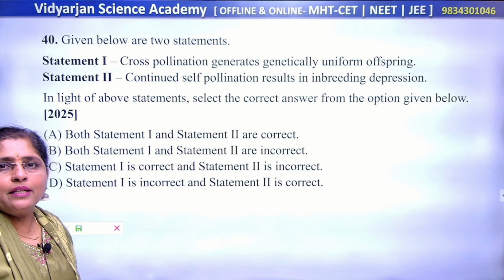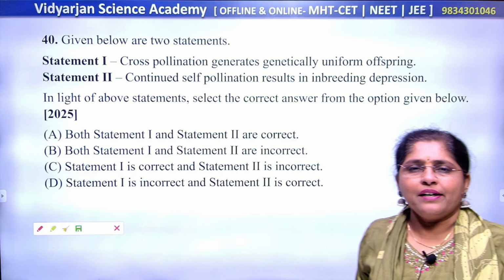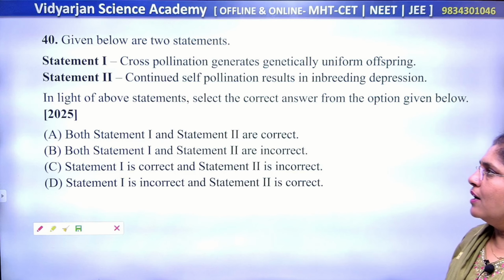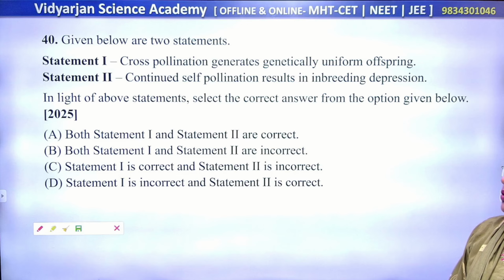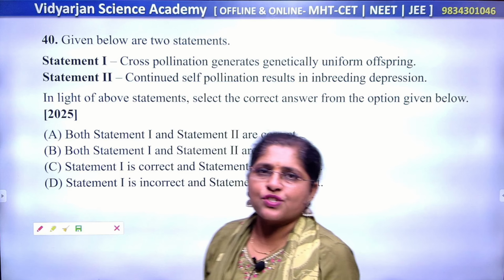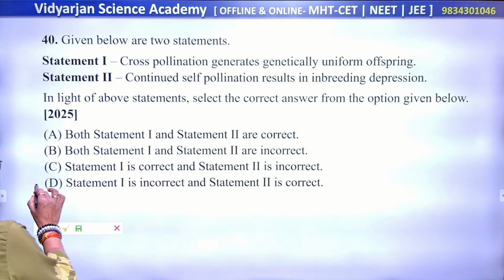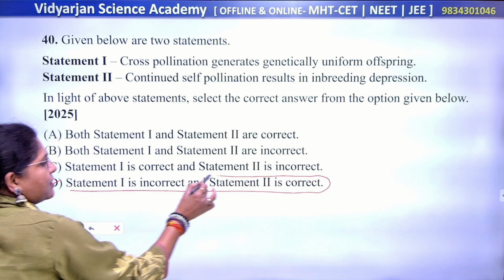Read both these statements very carefully and try to choose the correct one. Can you guess which will be the correct option? You know that statement one is incorrect and statement two is correct. So what is your answer? D is the correct answer here.